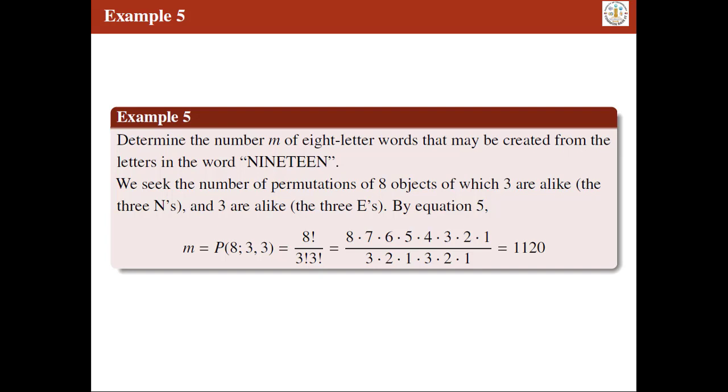By equation 5, m equals P(8; 3, 3) equals 8 factorial divided by (3 factorial times 3 factorial) equals 1120.